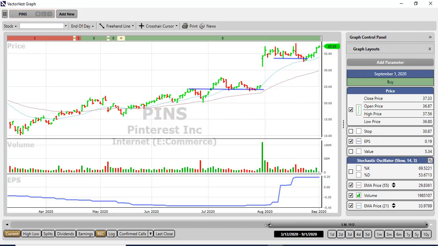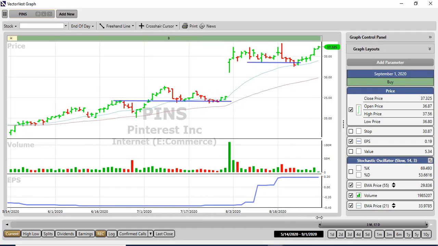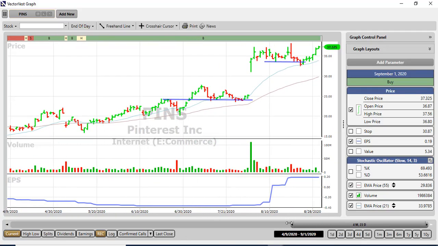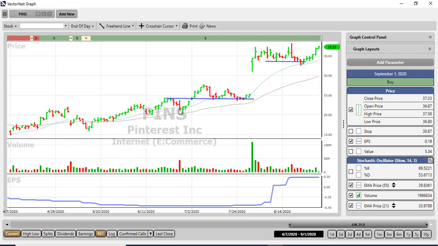So if we go a little bit further back here, the setup is quite simple. The market runs and it breaks an old high and it comes back and kisses it once.